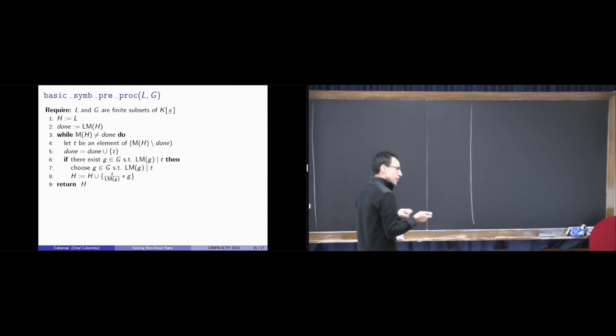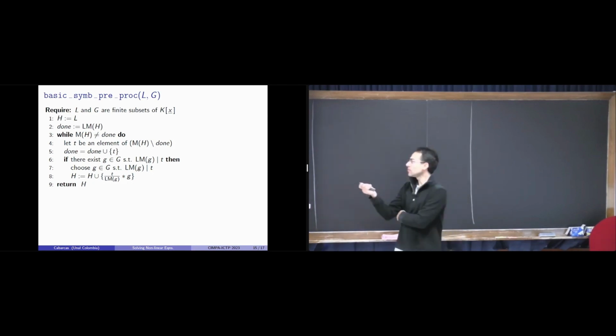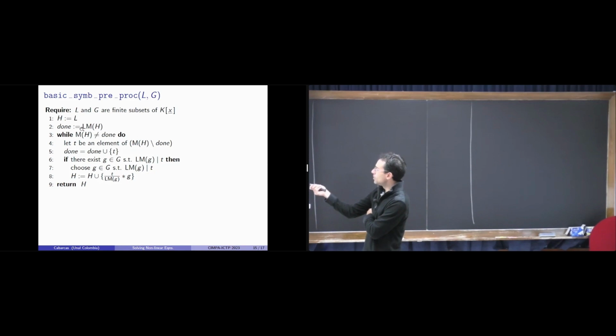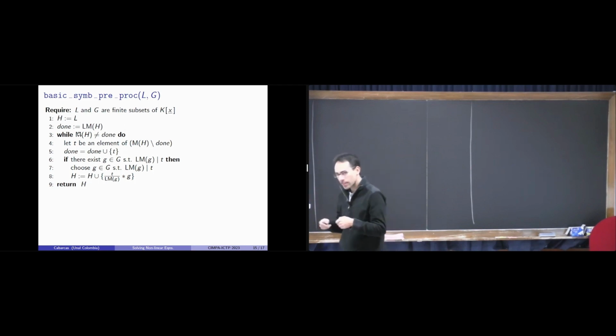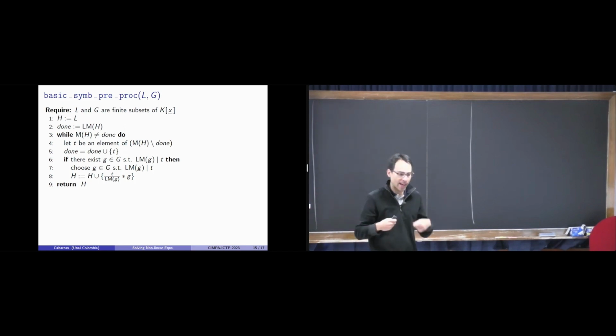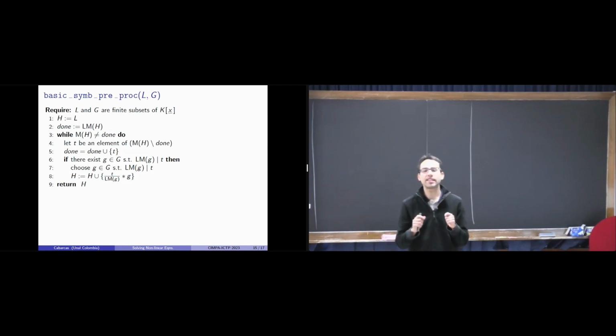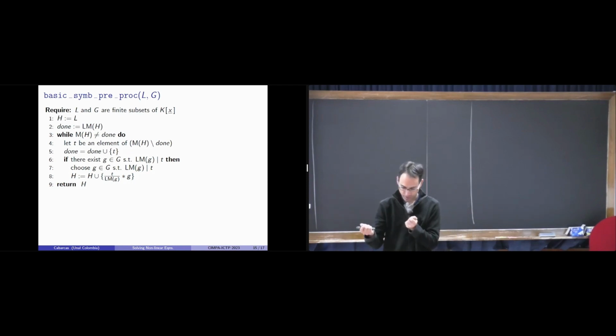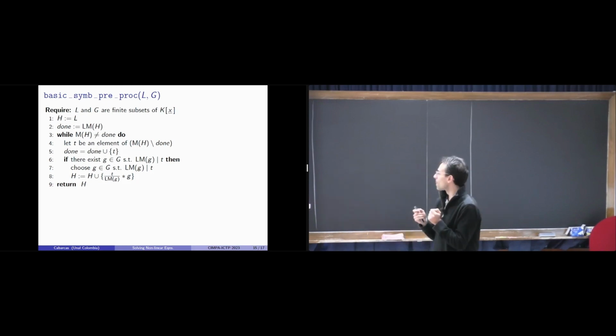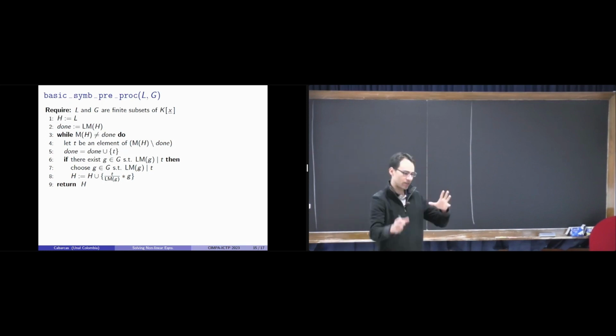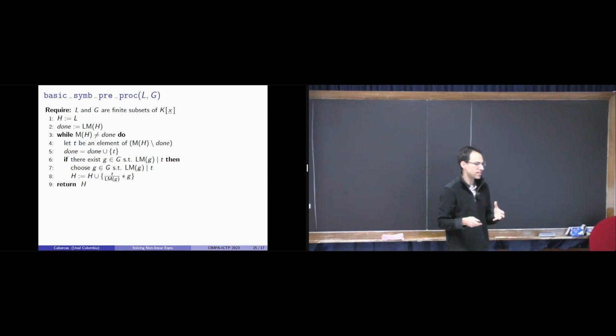Of course, when we do this, we may get new monomials. So this may be increasing, and we have to keep going and keep going, adding everything that can possibly reduce a monomial in this set H. We add to H polynomials that can reduce things that are being inserted there.